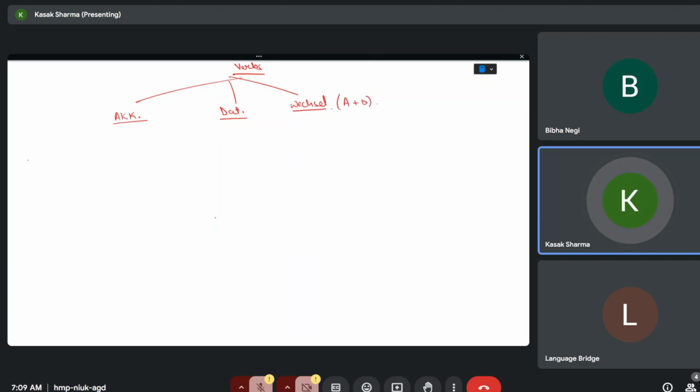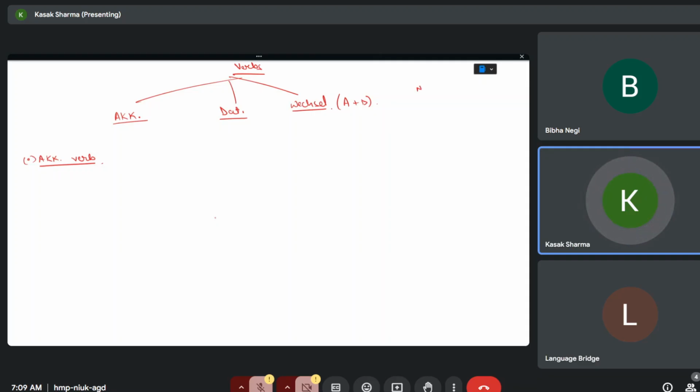Now, let us understand first the accusative verb. We can say that an accusative verb gives accusative case to the object.